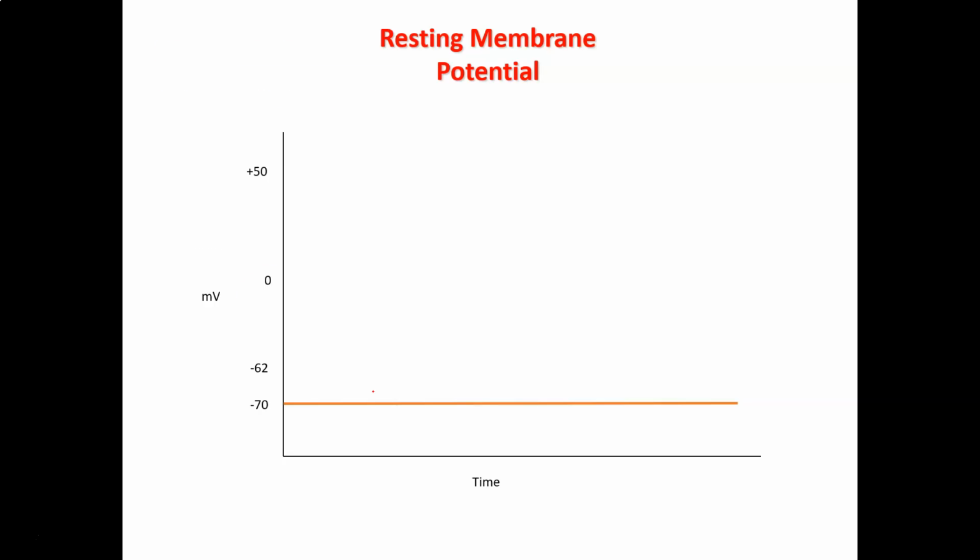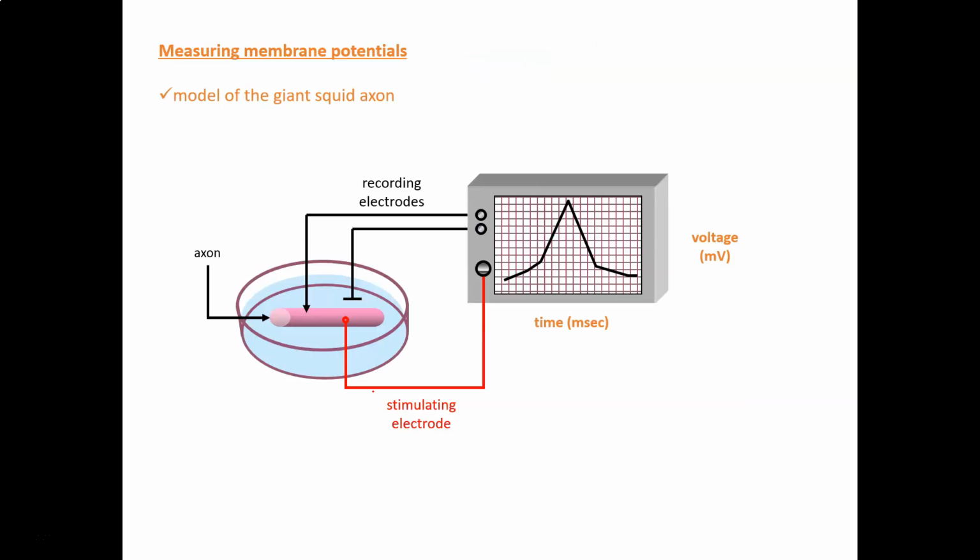Now they were interested in determining what would happen if they added current to it. When they attached a stimulating electrode, which adds current or change in voltage, what they saw in the recording electrode in a really super fast blip was a massive change in membrane potential.